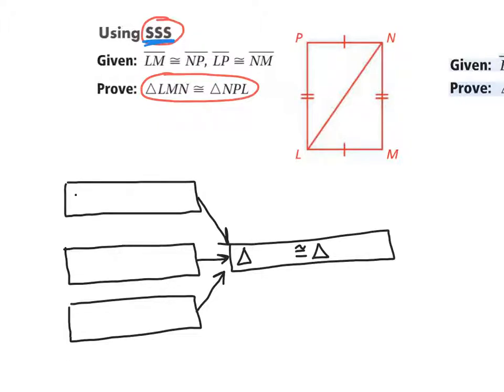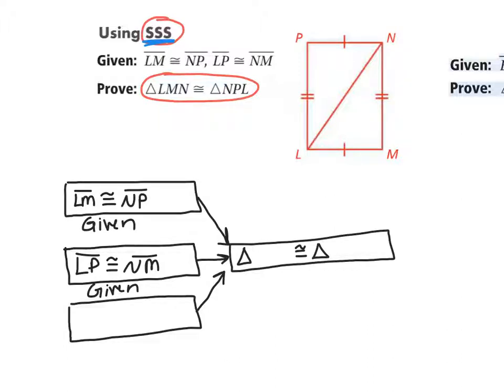We know that line segment LM is congruent to line segment NP. That was given to us. We know that line segment LP is congruent to line segment NM. Again, that was given to us.